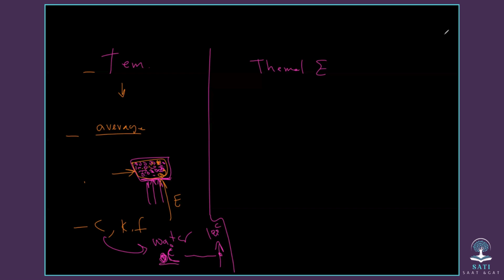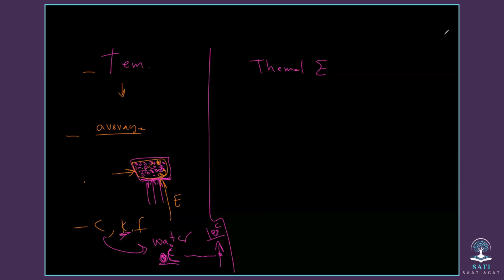So 0 Celsius is the freezing point of water, and 100 Celsius is the boiling point of water. This range was created based on water, while Kelvin is based on an absolute value, which is when gases have the least kinetic energy.